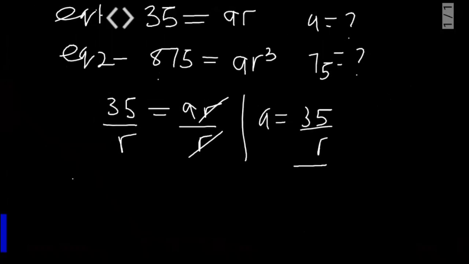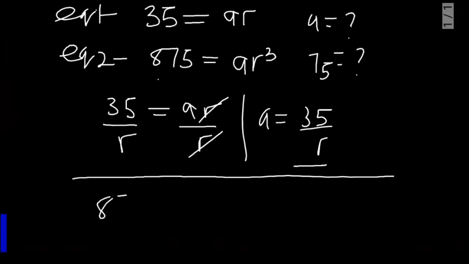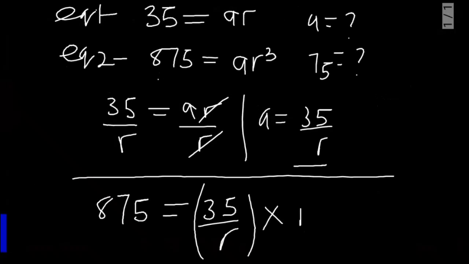From equation 2, we would have 875 is equal to, since a is now 35 over r, multiplied by r cubed. Here we can solve this. We have one r here, and r times r times r here, so we can just get rid of one r.